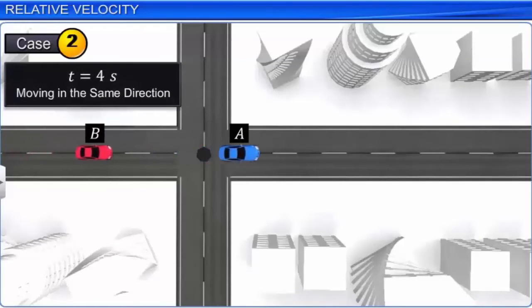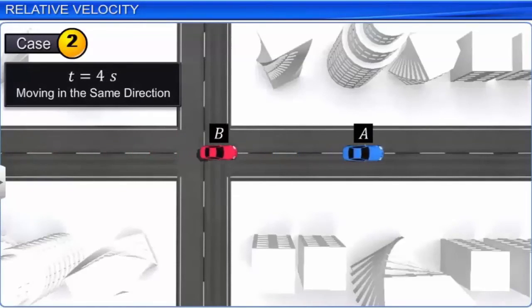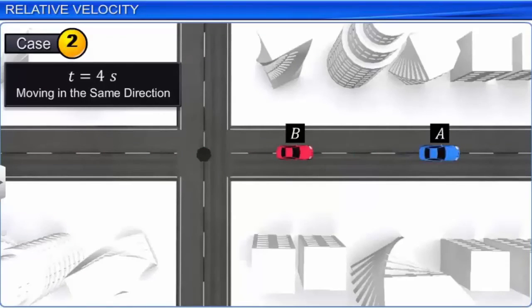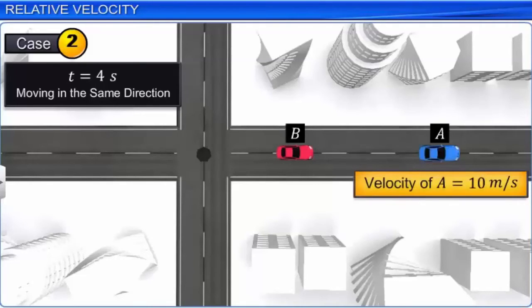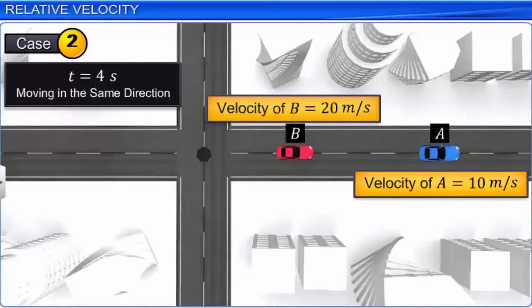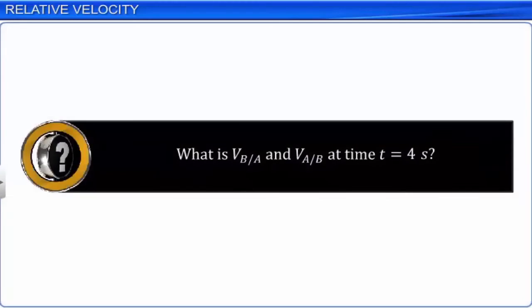Case 2. The position of the cars at initial observation being same as in case 1. Now, car A has uniform velocity of 10 meters per second, and car B has uniform velocity of 20 meters per second. 1.